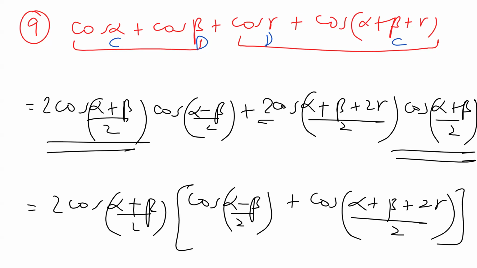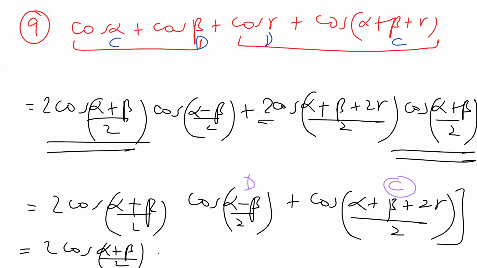Now you apply factorization again. Let's take this term as C and this term as D. There is a minus sign in between, so we can play around with that. So 2 cos((alpha plus beta)/2) into 2 cos of (C plus D)/2. When you add this and this, beta beta is gone.